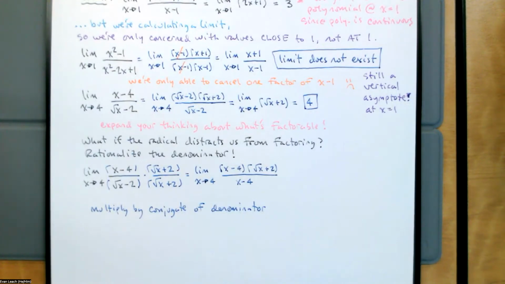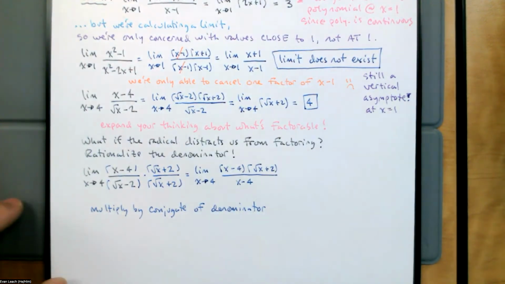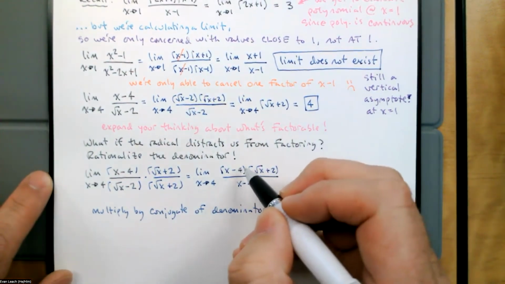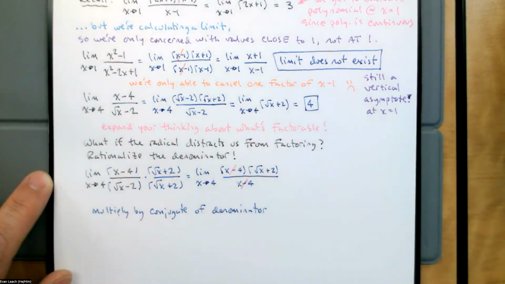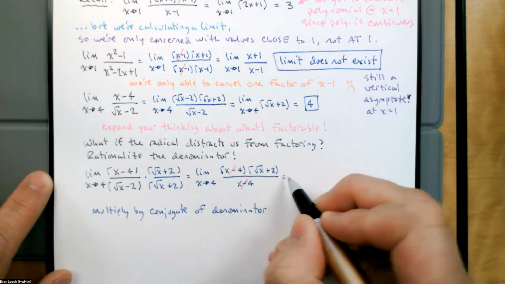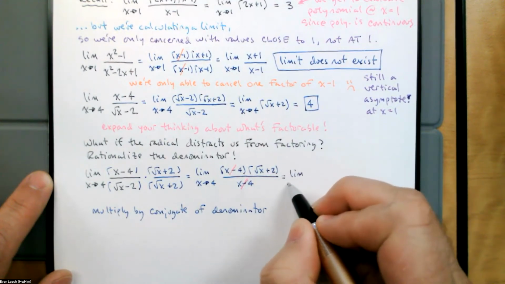At this point, we can see x equals 4 is still a bad value, but now the x minus 4 will cancel out because the problem was so contrived. And the answer is still 4. Moreover, the limit that we get when we evaluate the resulting radical function is the same.